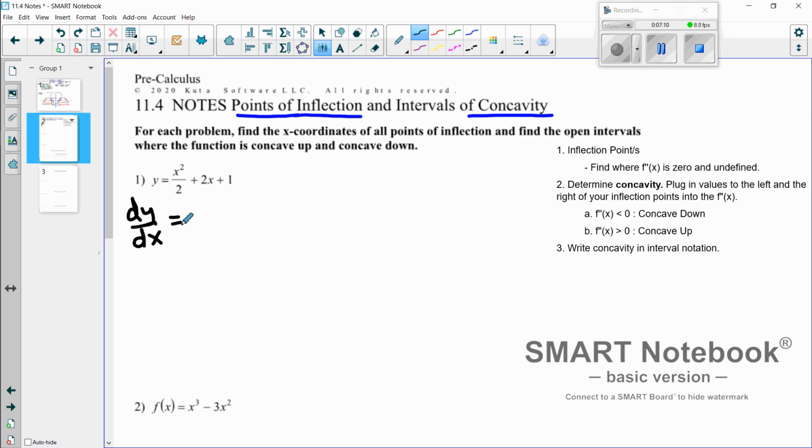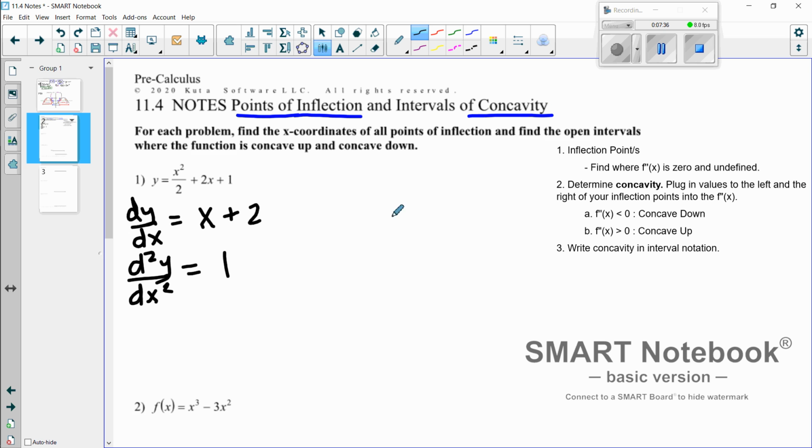So dy dx is going to be, well, we're bringing down that 2, so we have 2 over 2. Well, that's just x, okay? And then we have the derivative of 2x, which is just 2. Okay, now let's get that new notation in here, the second derivative, d squared y dx squared, and this is just going to be 1.